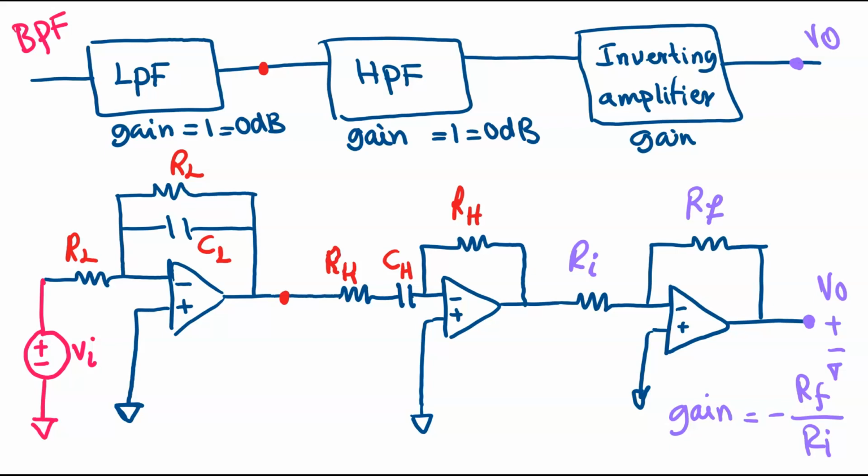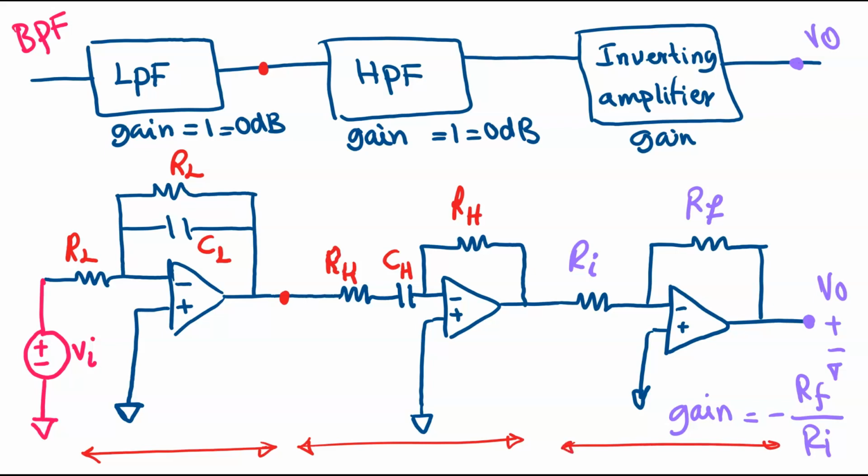What we know is that when we are working with op-amp circuits, they don't have any loading effect on each other. So it means that if you have 3 circuits like this cascaded together, because they don't have any loading effect, then you can assume that the transfer function of this system is equal to the transfer function of the first part multiplied by the transfer function of the second portion being cascaded and then multiplied by the third portion.